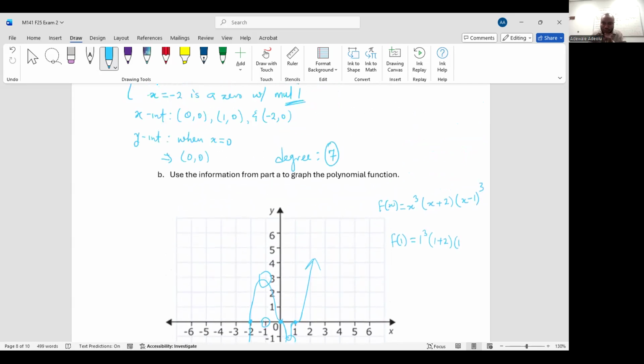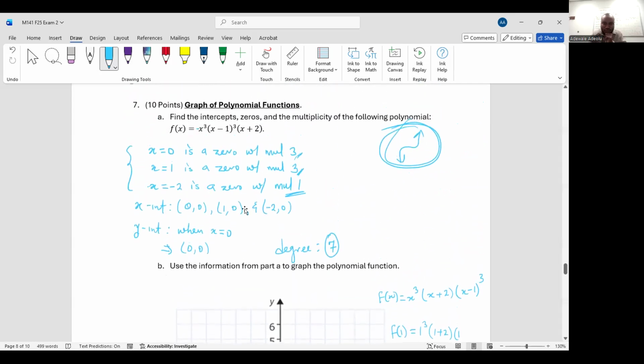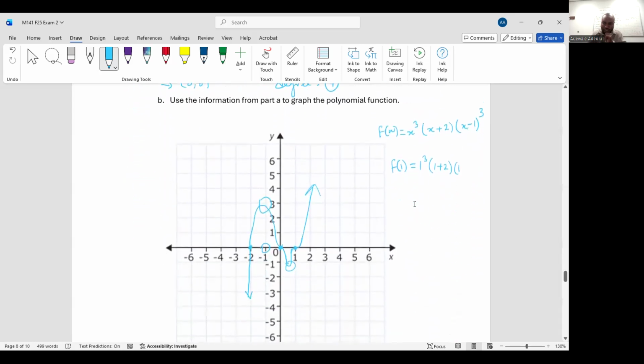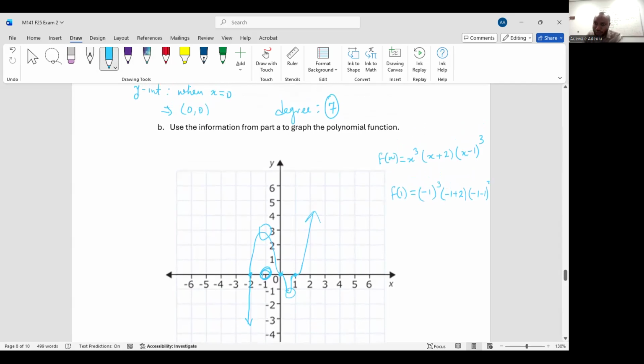What is that? Let me see. Oh, sorry, I made a mistake. Not 1, because that wouldn't make sense. It is -1. See, guys, here is -1. So I will go again: -1 raised to power 3, -1 plus 2, then -1 minus 1 raised to power 3.